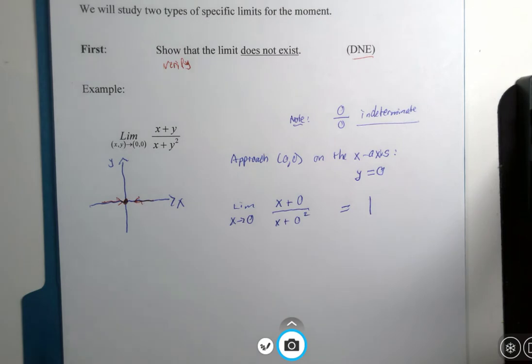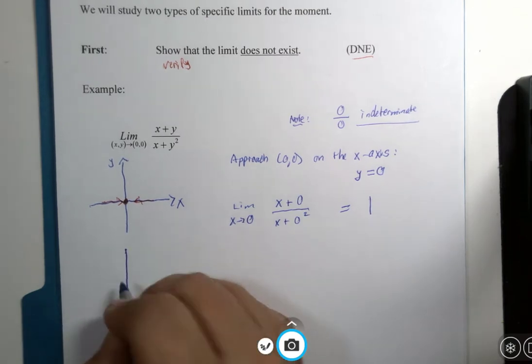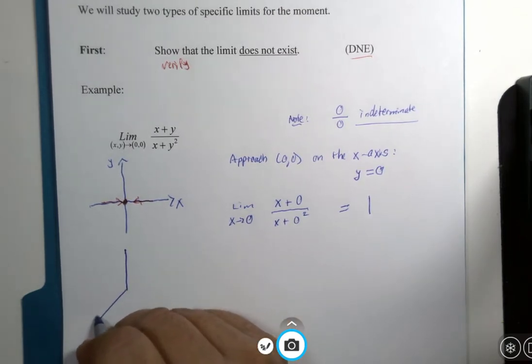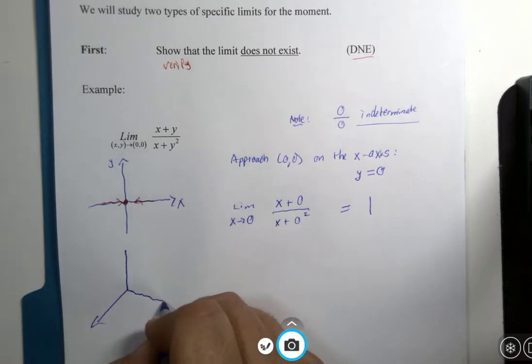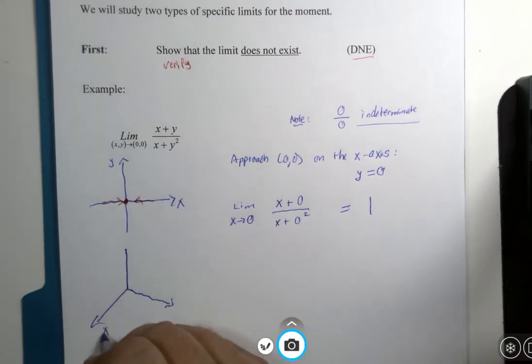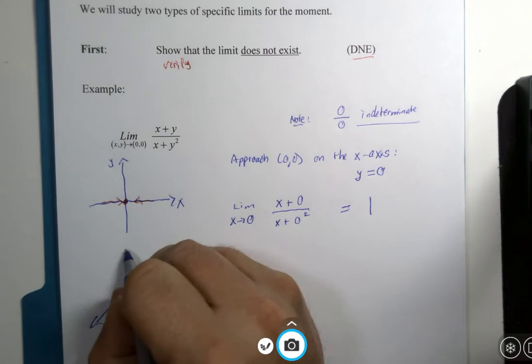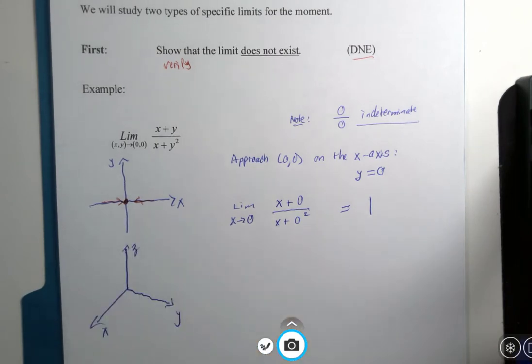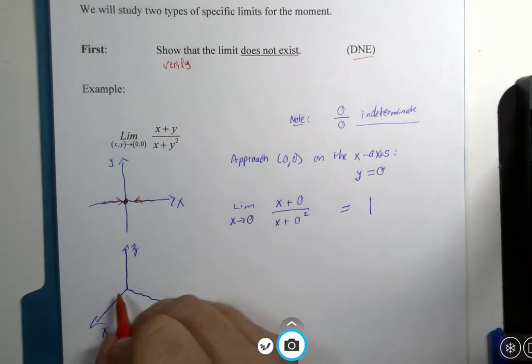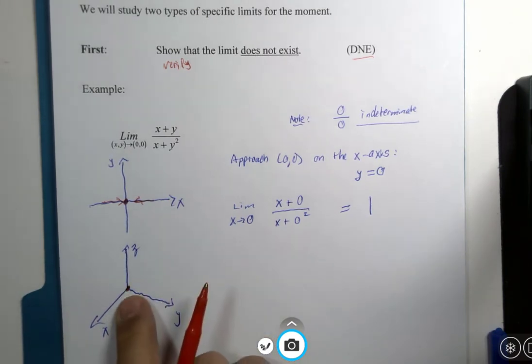Now in 3 dimensions, what that means is x-axis, y-axis, z-axis. So x is approaching 0 and y is approaching 0. We're approaching this location on the xy plane.